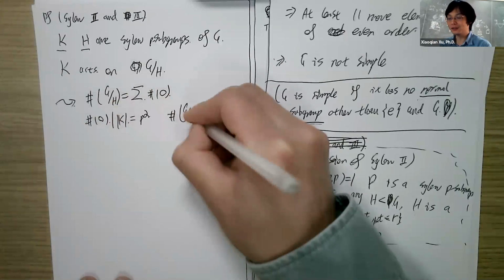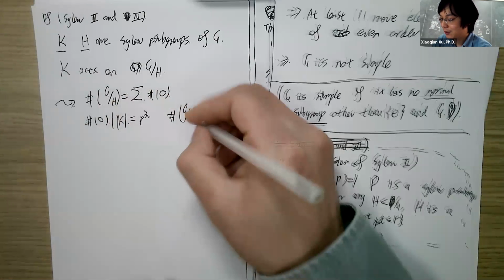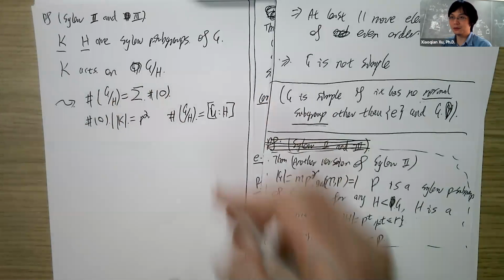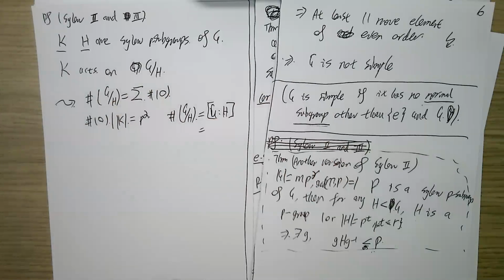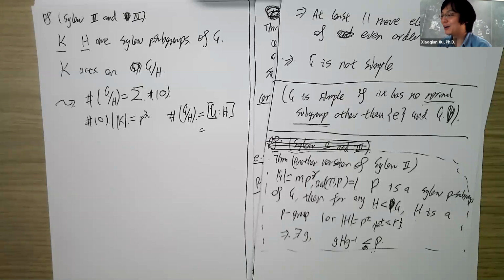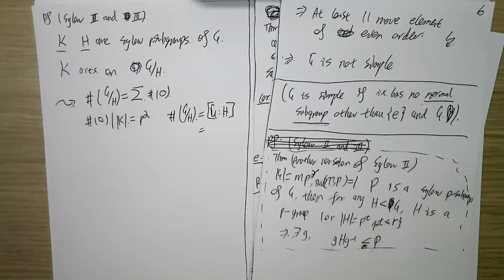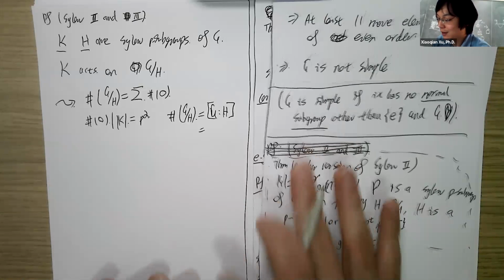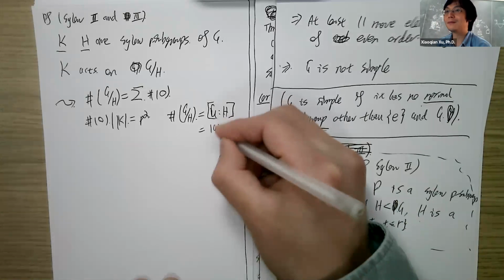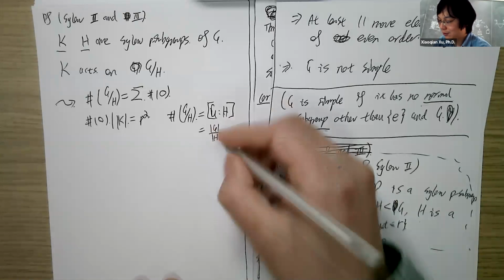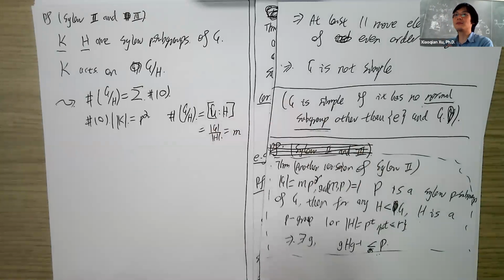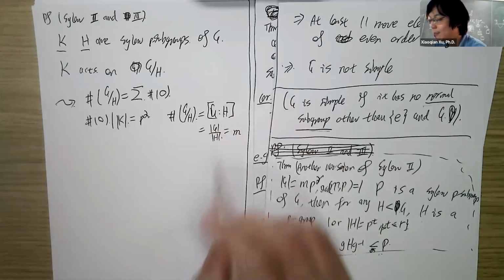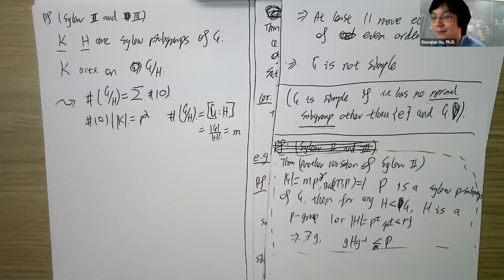It is the index of H, by definition. By Lagrange, G equals M times P to the alpha, and H has order P to the alpha, so it equals M, which is coprime to P.